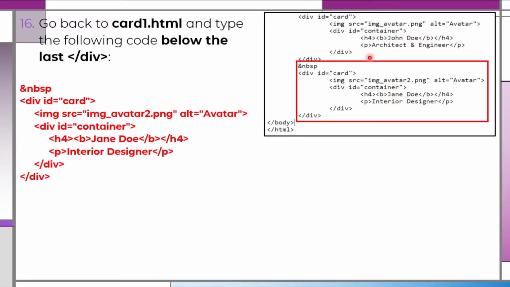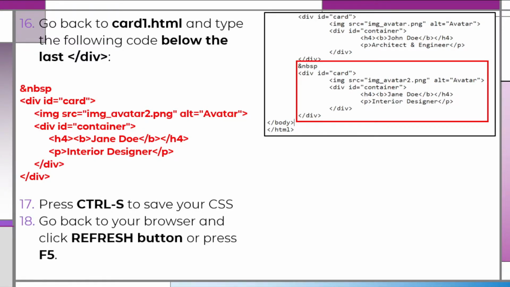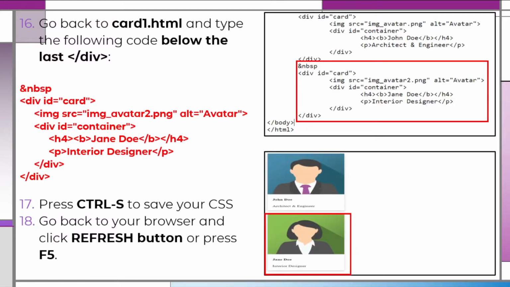So we just copied and pasted, and changed the picture. Then save your work, refresh your browser, and this is what you will see. So that is a quick lesson on card.